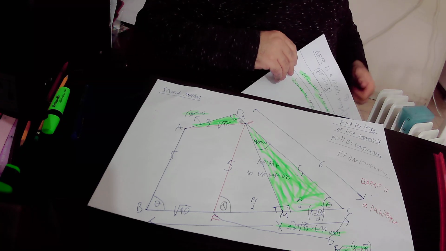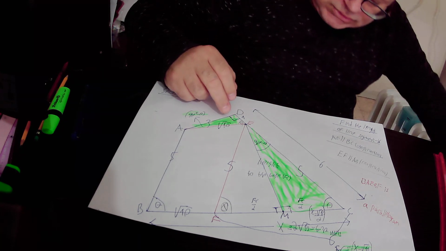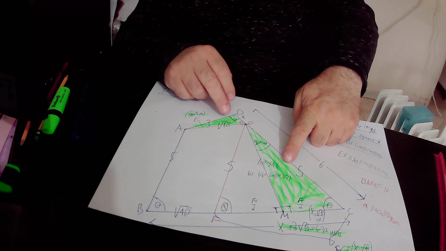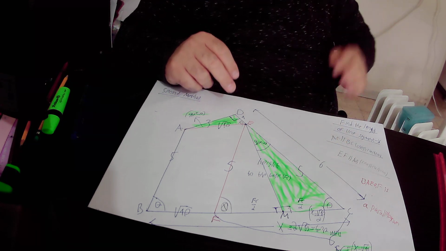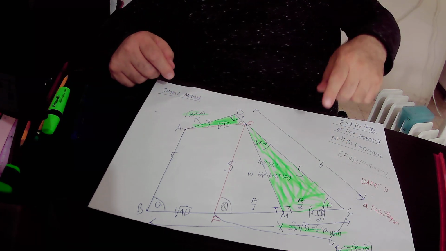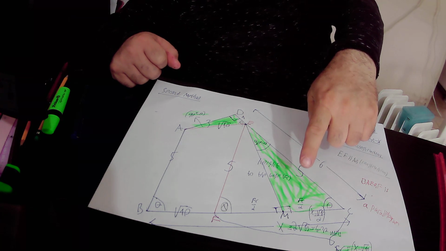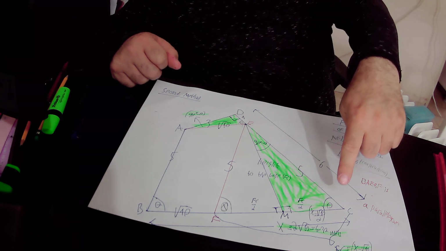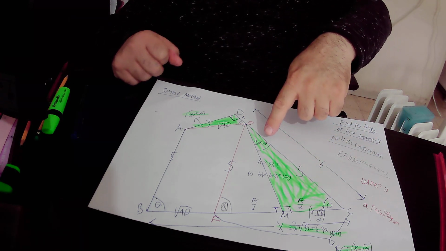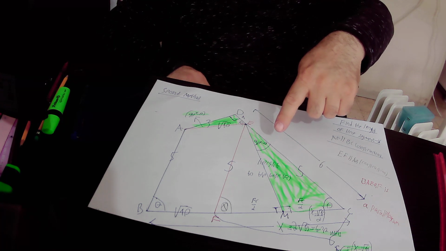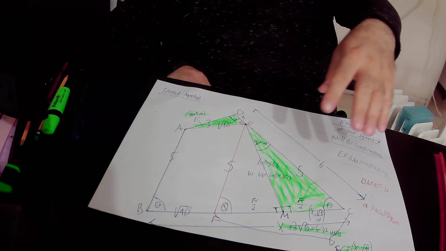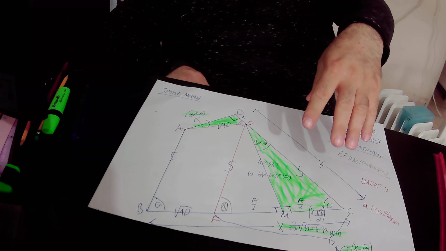Then we prove that those two main right triangles are similar to each other. But first of all, in this green right triangle, this angle equals 90 degrees and this angle equals theta, so this angle must be equal to 90 degrees minus theta, in order to complete the sum of the angles in this right triangle to 180 degrees.